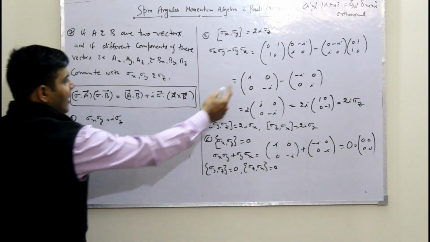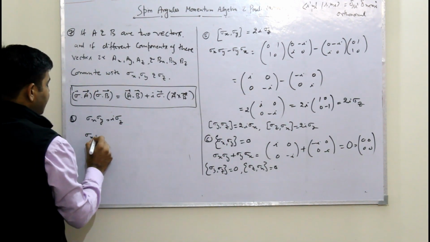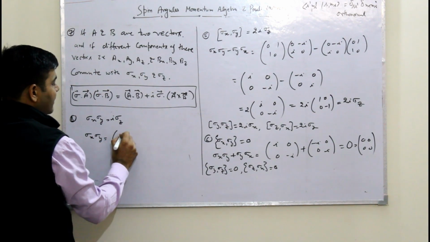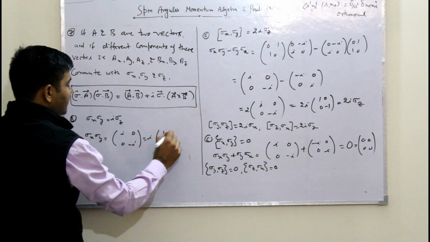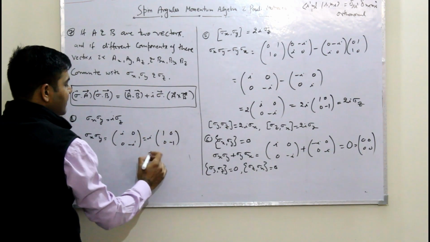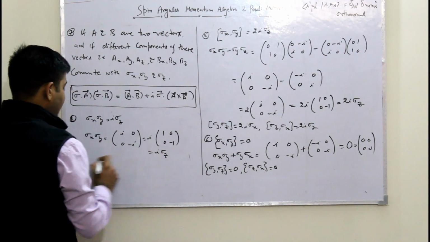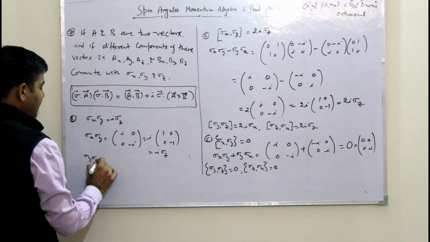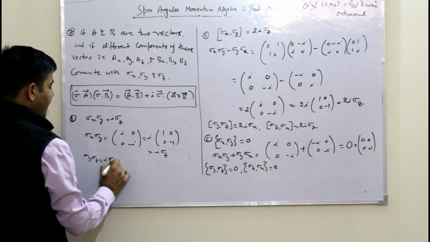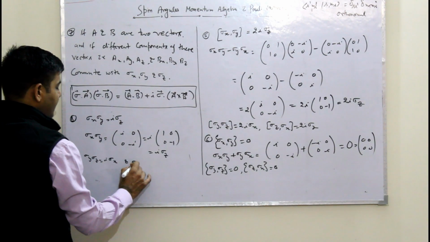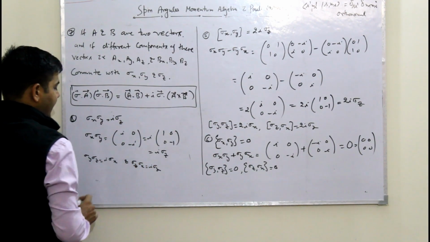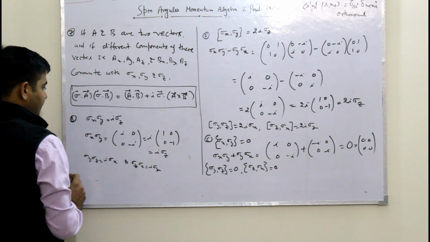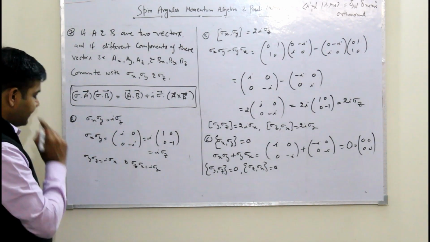If I take iota outside, this will be 1, 0, 0, minus 1, which is nothing but sigma z, so it is iota of sigma z. Similarly, if we check sigma y, sigma z, this is nothing but iota of sigma x, and sigma z, sigma x is nothing but iota of sigma y. So this is the eighth property that you can discuss.